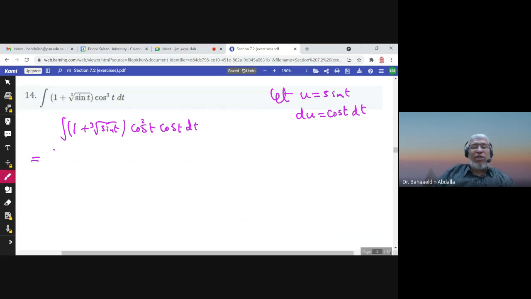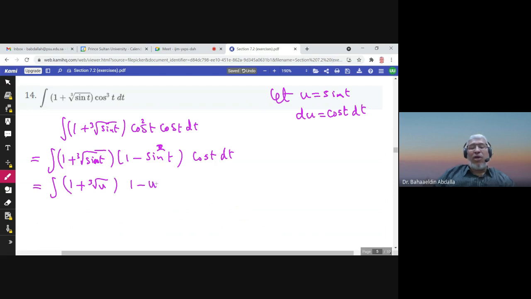So this would be integral of 1 plus cube root of sine t times 1 minus sine square t, okay, times cosine t dt. Well, now I can change it to u easily. 1 plus cube root of u, 1 minus u square du.